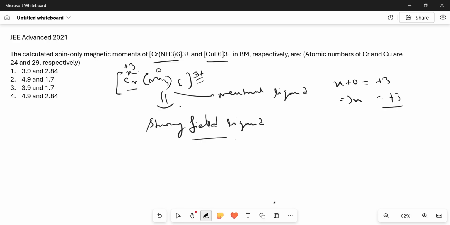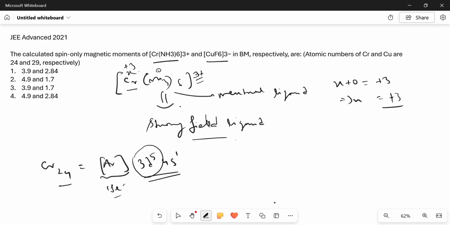Now the normal electronic configuration of chromium: 24 is the atomic number, so argon 18 electron system, then 3d5 4s1. This is a half-filled d orbital; for stability it becomes d5, not 3d4 4s2. In the case of copper we'll find the same thing.